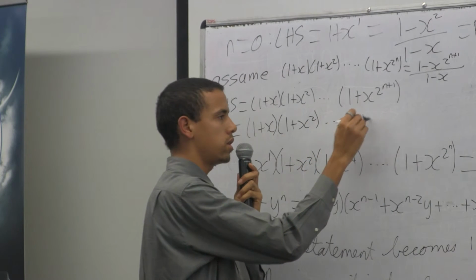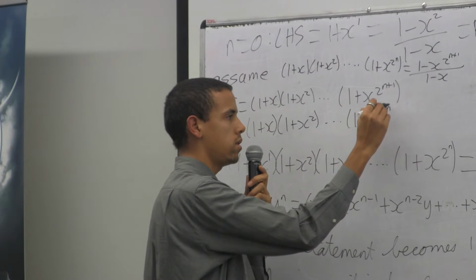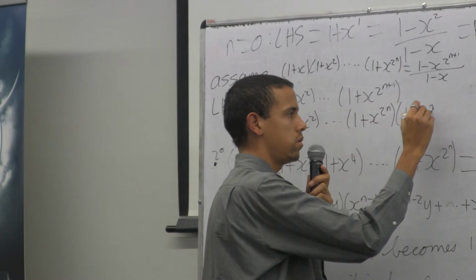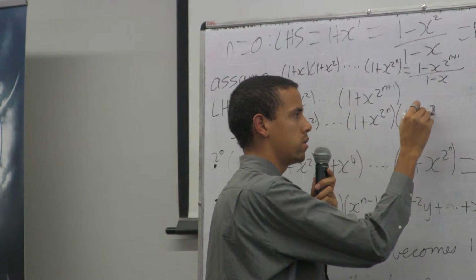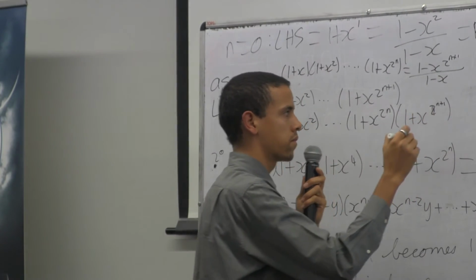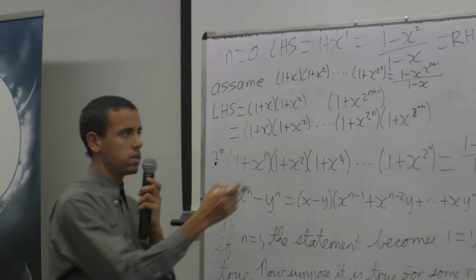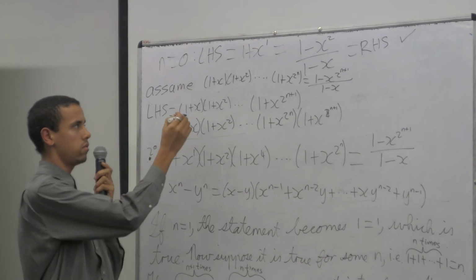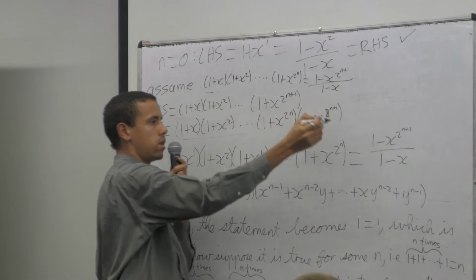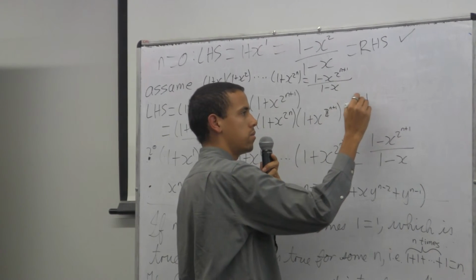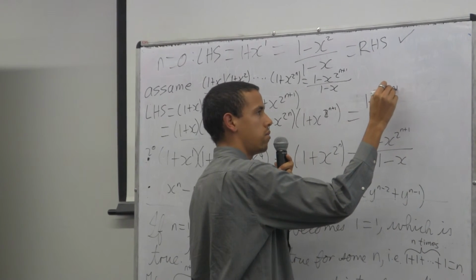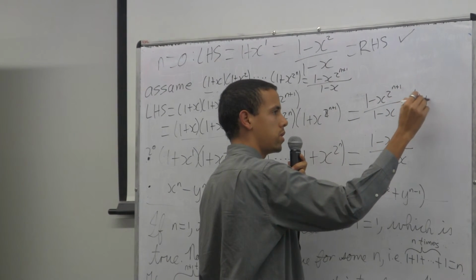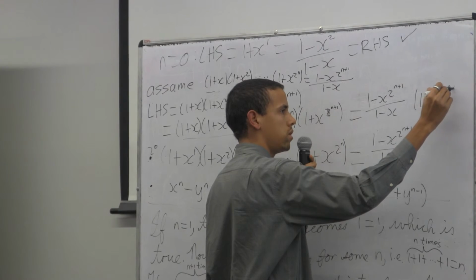Okay, so 1 plus x to the power of 2 to the n, and then we've got the last term, 1 plus x to the 2 to the n plus 1. So now we see this first part, we can use our assumption. We assume that that is equal to that. So 1 minus x to the 2 to the n plus 1 over 1 minus x times 1 plus x to the 2 to the n plus 1.